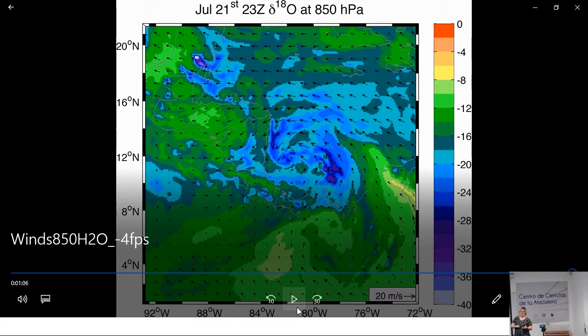And that is the tool that makes it so powerful to capture that information, independently from the processes happening later, in the form of rainfall.